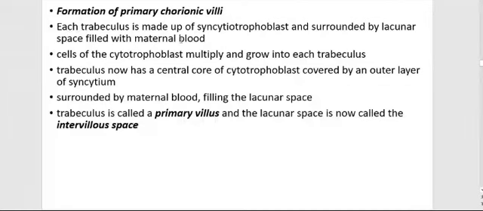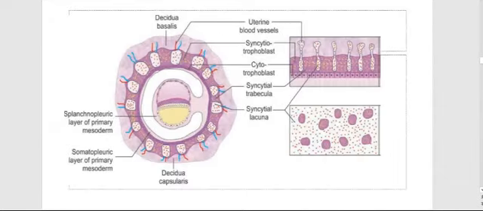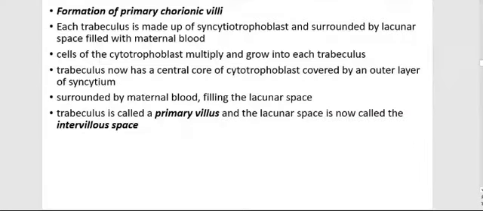Each trabeculus is made up of syncytial trophoblast and surrounded by a lacuna. They are now radially arranged. Now, formation of the primary chorionic villi: cells of the cytotrophoblast will multiply and start growing into each trabeculus.